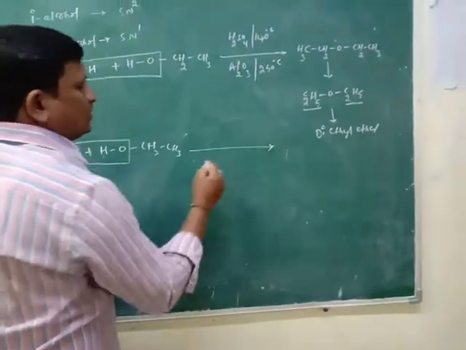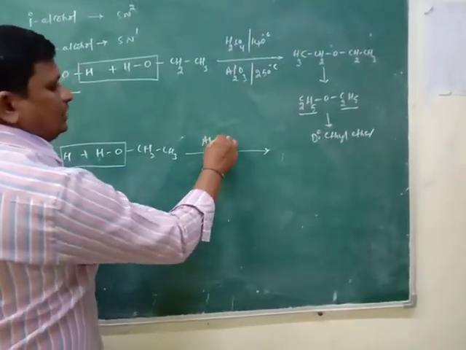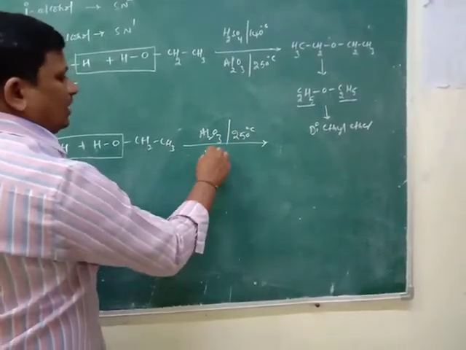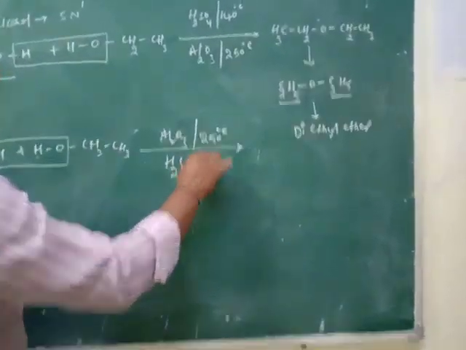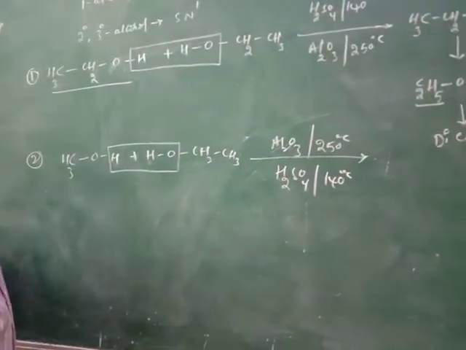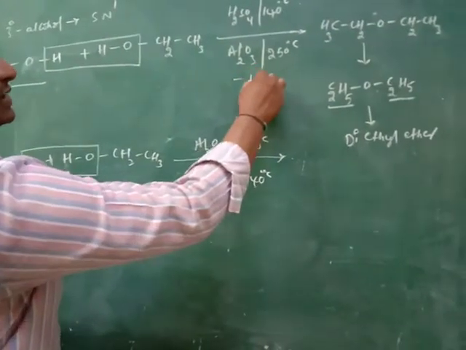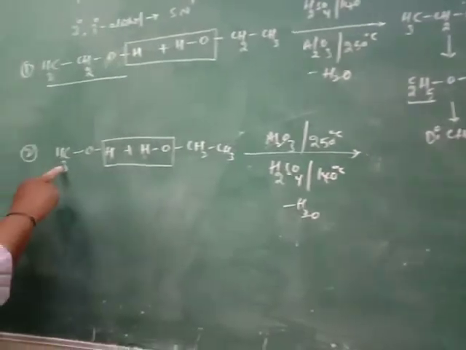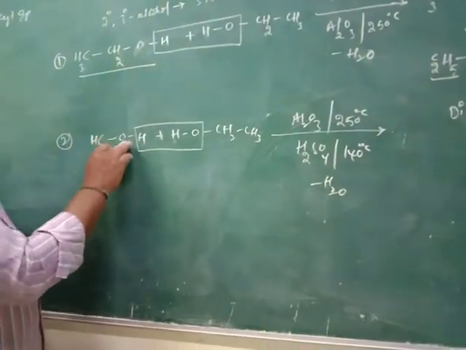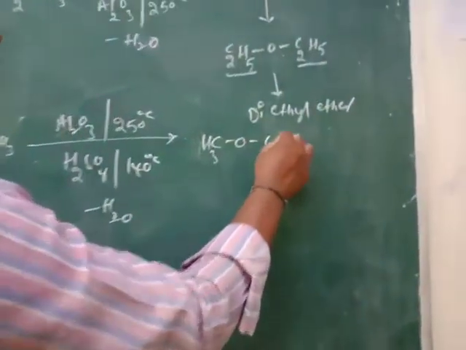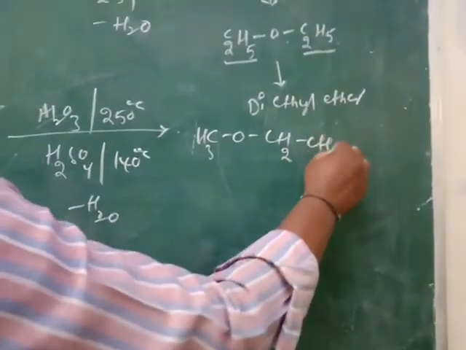This reaction takes place in the presence of Al2O3 at 250 degrees centigrade, or sulfuric acid, H2SO4, at 140 degrees centigrade. Minus H2O, the obtained compound is CH3-O-CH2CH3.